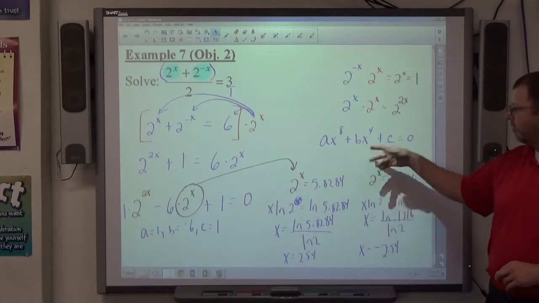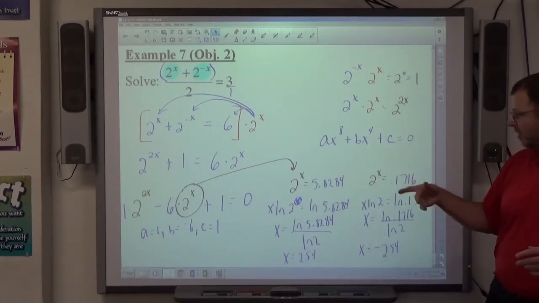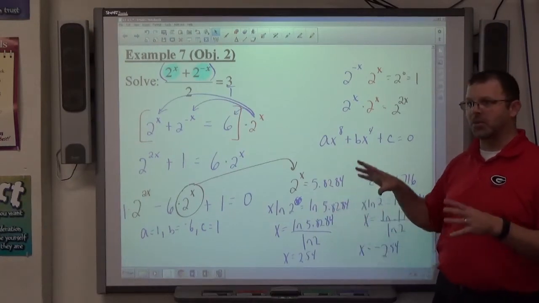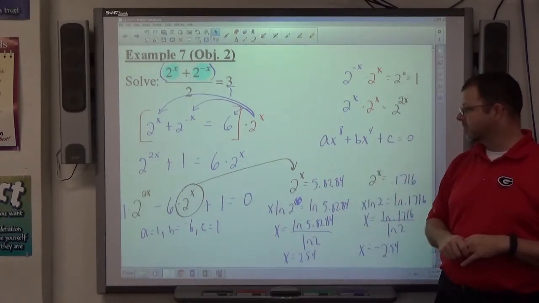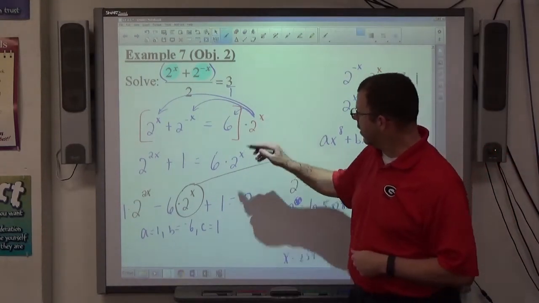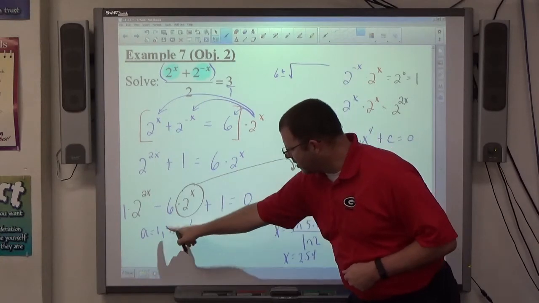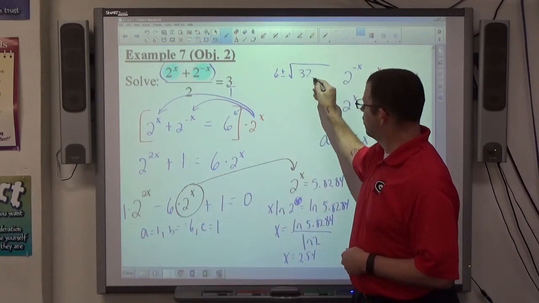This 5.8284 will be some irrational number. You have to do ln of that. So if you want to get the irrational number and you ln of that thing over our base 2, that'd be the exact answer. I mean, you do quadratic formula here. Negative b plus or minus the square root of 36 minus 4 is going to be 32 over 2 times a.